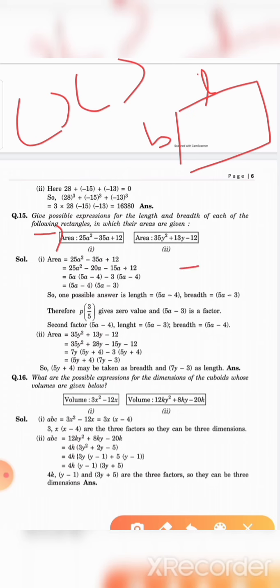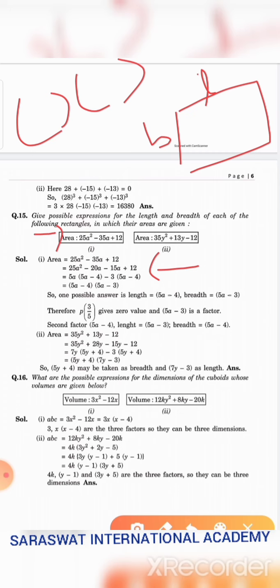So first we write the area: 25a square minus 35a plus 12. Here we use the splitting the middle term method. First we multiply a into c, that means 25 multiplied by 12, we get 300, and it is to be split into factors adding to 35, but here we use both terms in negative.